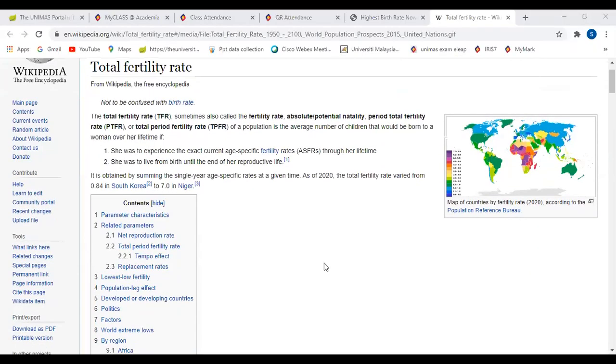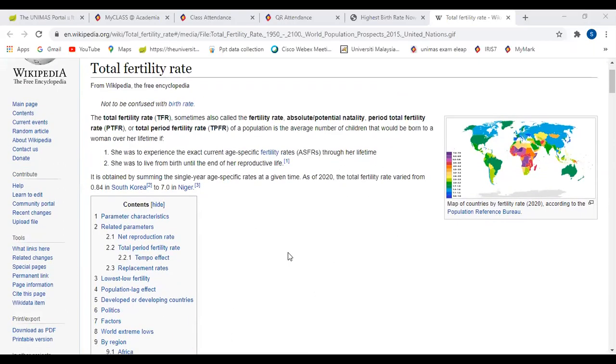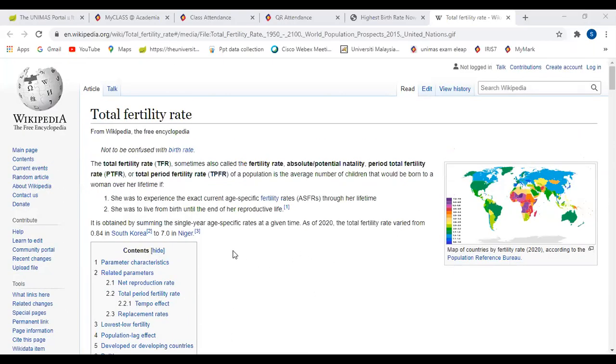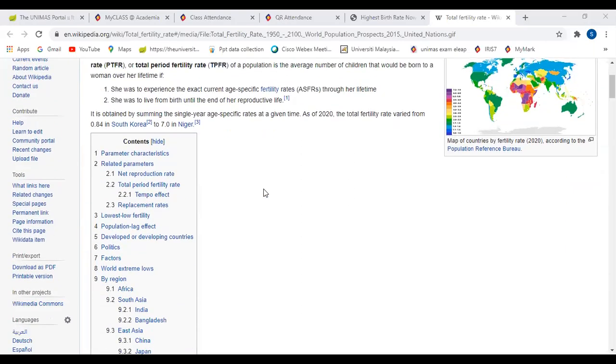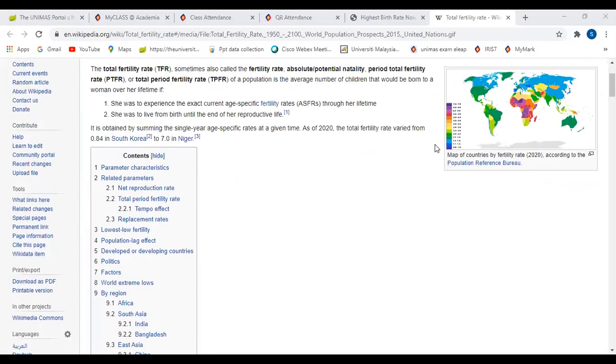All right. So this is where we are talking about the total fertility rate. You can find all of this, net reproduction rate, total fertility rate, and so on, from here.